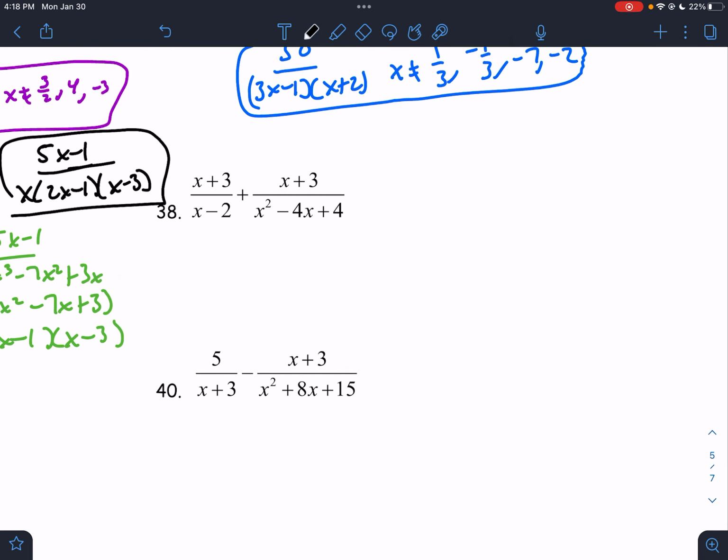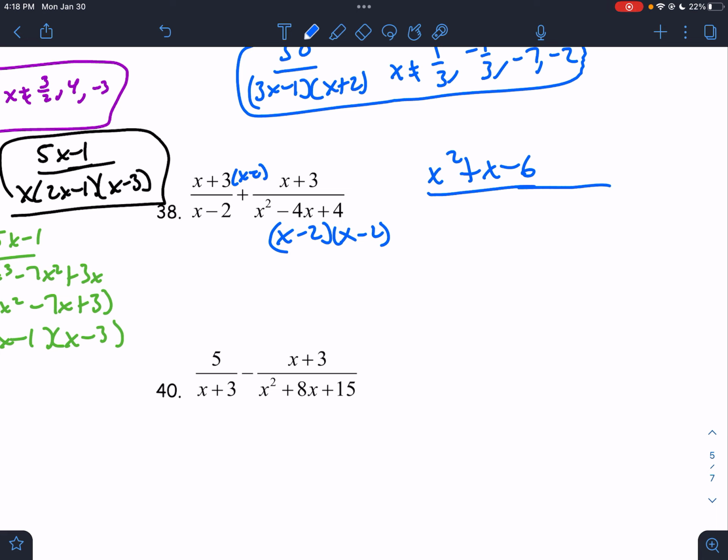Common denominator over here. So this would be x minus 2, x minus 2. This one already has an x minus 2. It just needs another one. So if I distribute that, that would be x squared. I'm multiplying it by x minus 2. That'd be x squared minus 2 plus 3 would be plus x minus 6.